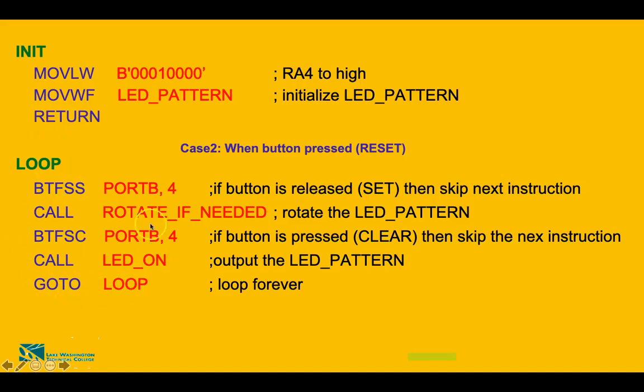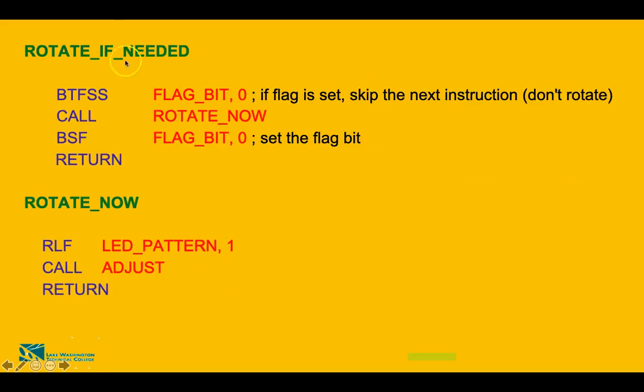So loop will continue. Now we are going to see the subroutine for call rotate if needed. So far we saw call LED underscore on, and now we are going to see rotate if needed. So here starts the code for rotate if needed.